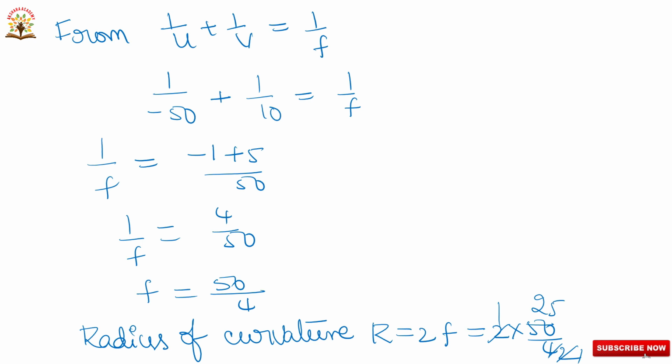So radius of curvature is equal to 25 centimeters. Therefore r is equal to 25 centimeters. This is the final answer. Radius of curvature of the convex mirror is 25 centimeter. Okay, next we'll go to the next question.